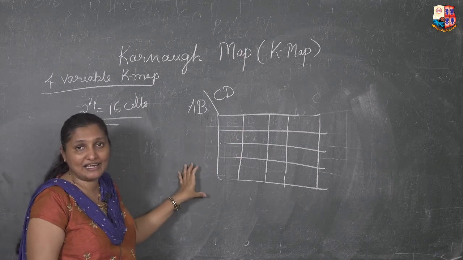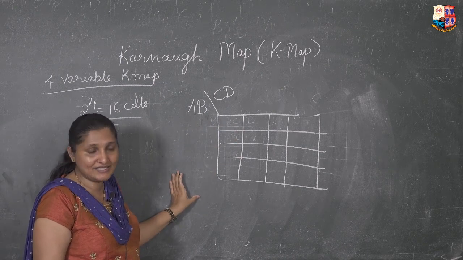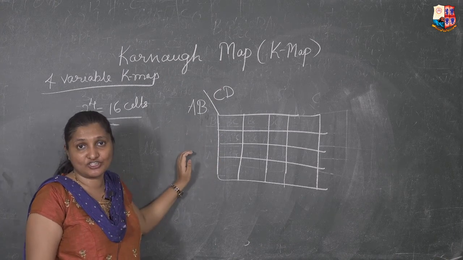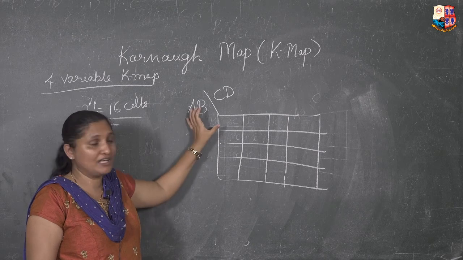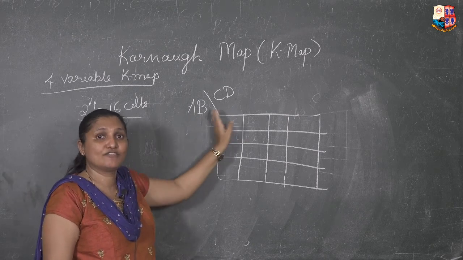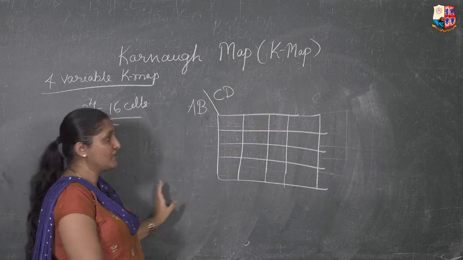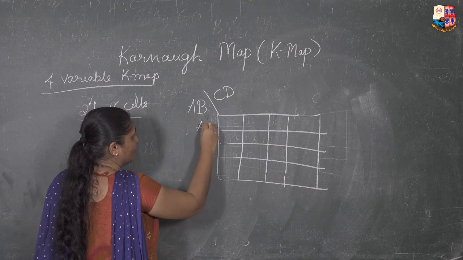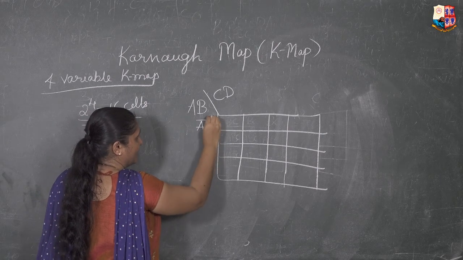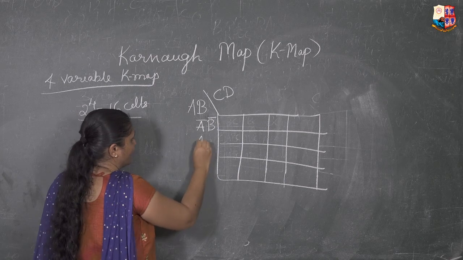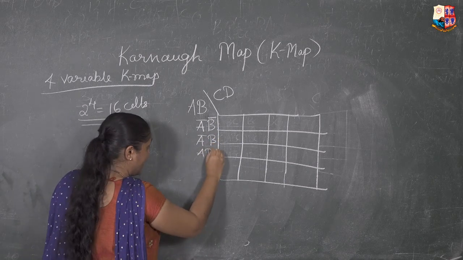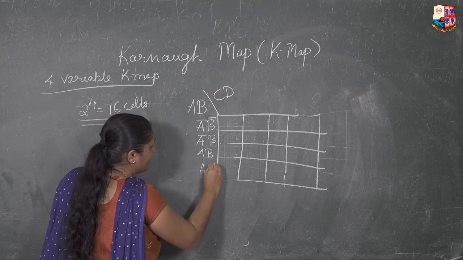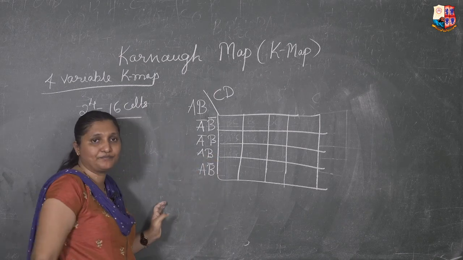So how do I write the row wise variables? Remember that unit distance should be there when you go from one row to the other row or from one column to the other column. So let me write each row: A bar B bar, the second row A bar B, third row A B and the fourth row A B bar.